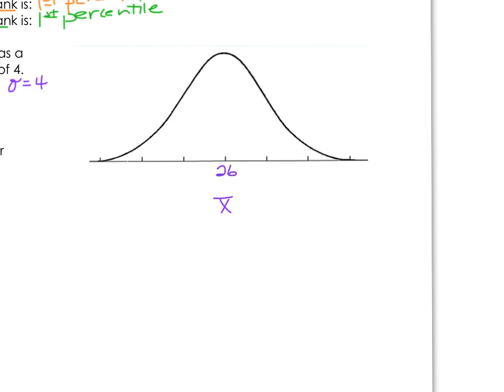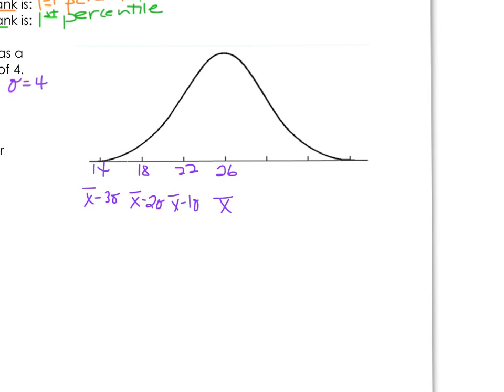Now, if I go to the left, remember we subtracted 1 standard deviation, which means I take 26 minus 4, which is 22. Then if I go 2 to the left and subtract 4 again, I get 18. All the way at the end, 3 standard deviations to the left drops me down to a data value of 14.